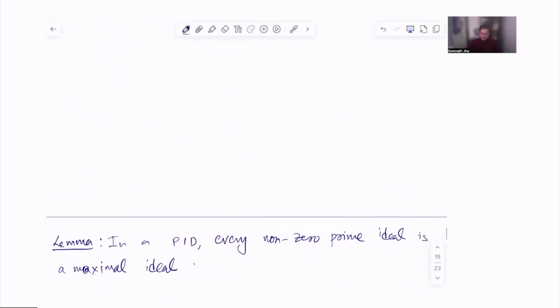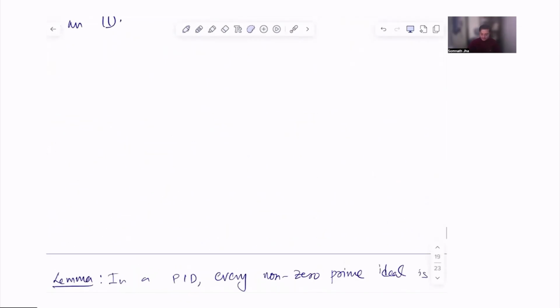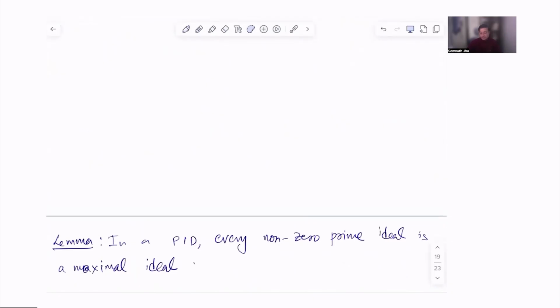In fact, in a PID, every non-zero prime ideal is a maximal ideal. So let us see what is the proof of that. Okay. So in a PID, every non-zero prime ideal is a maximal ideal. So let us see how to prove this.